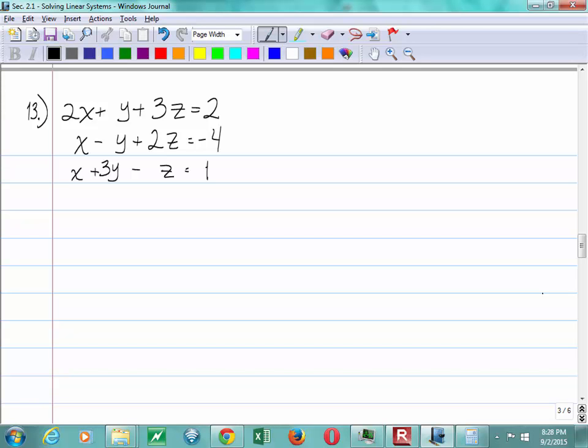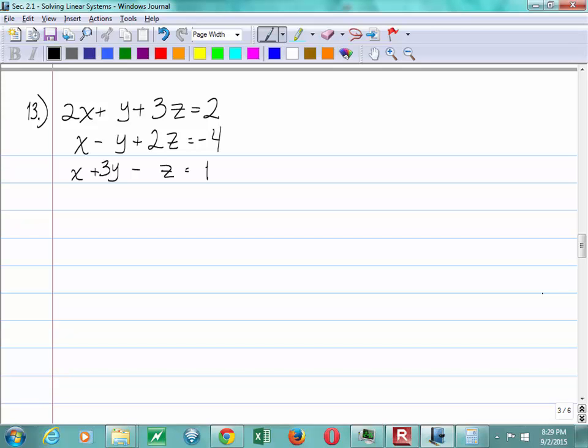And in order to do that, we need to eliminate one of the variables. And in order to get 2 equations that only have 2 variables in them, we need to eliminate that same variable 2 times.